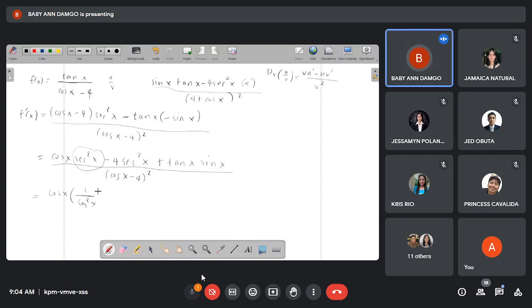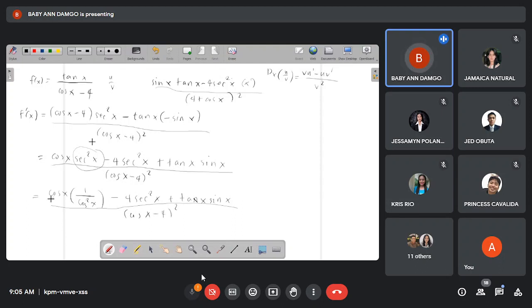So minus 4 secant squared x, this can no longer be simplified. So this is tan x sine x all over cosine x minus 4 squared.